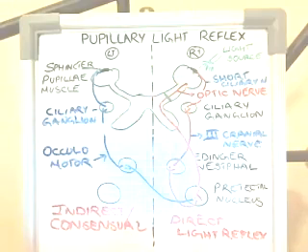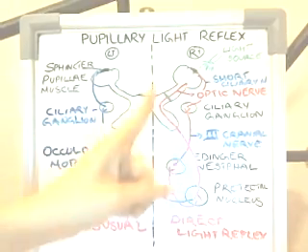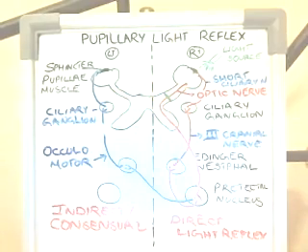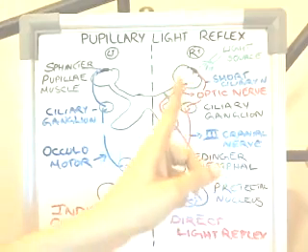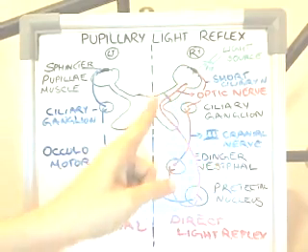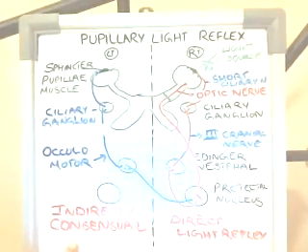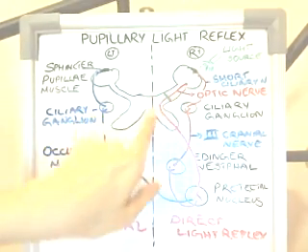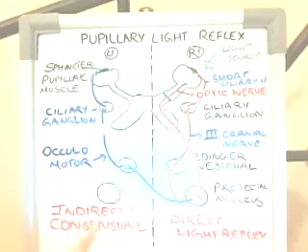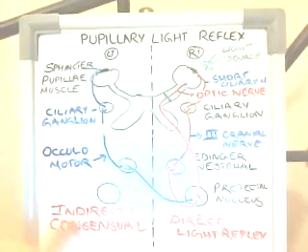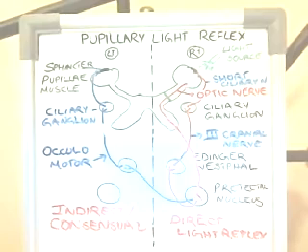So the direct reflex is absent in the right eye if there is a lesion of the right optic nerve. But the consensual reflex is also absent, because the information cannot go through the right optic nerve, and the consensual reflex in this case is seen in the opposite eye.